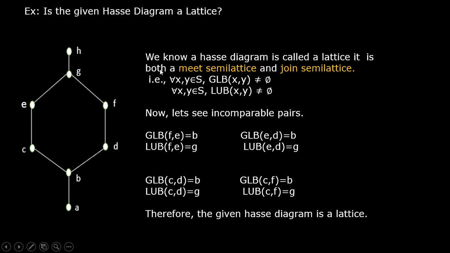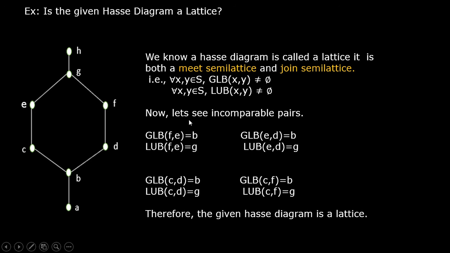In other words, for all x, y that belong to set S, the greatest lower bound of the pair x, y must not be equal to null. Similarly, for all x, y that belong to set S, the least upper bound of x and y must not be equal to null.